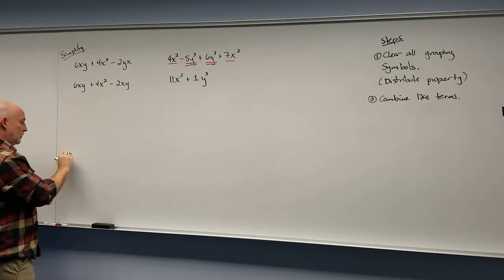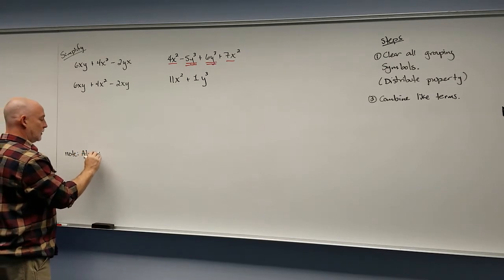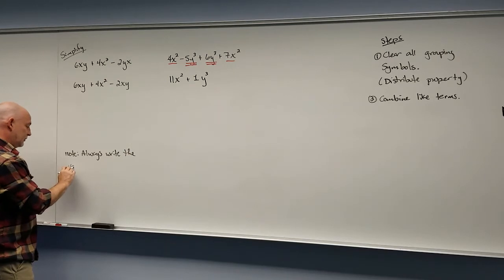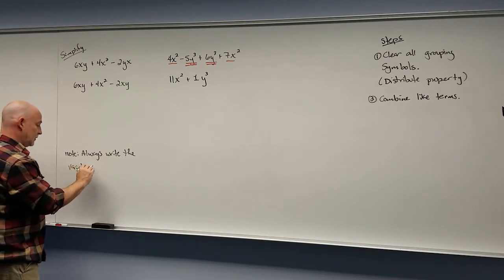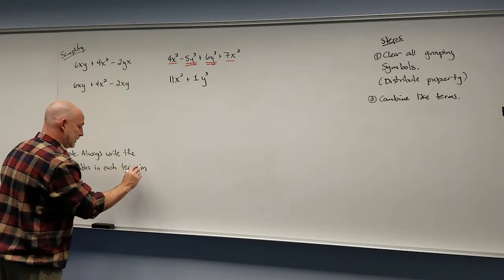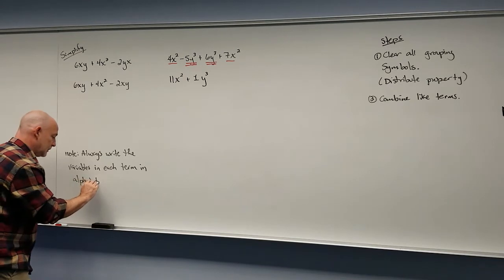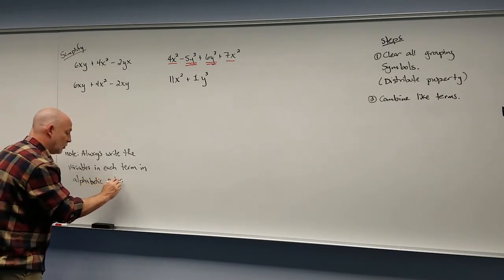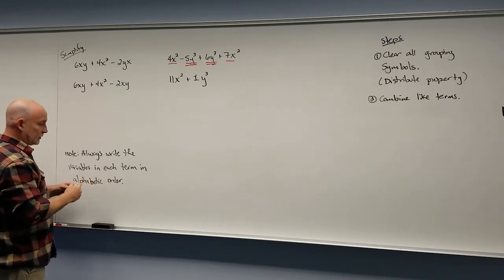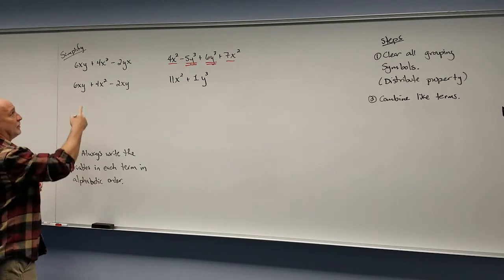So a quick little note, always write the variables in each term in alphabetic order. So if you have a term that has multiple letters in it, make sure that those letters are ordered alphabetically. That'll keep this from happening when we have up here.